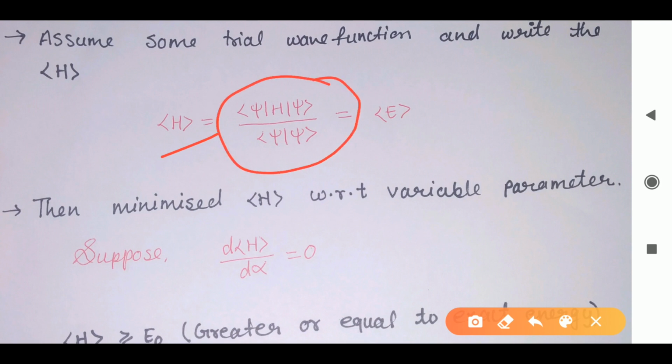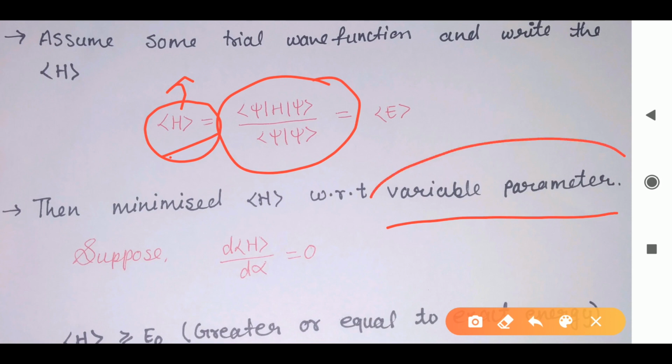Once we have the expectation value of the Hamiltonian with this formula, to get the minimized value, that is the minimum energy, we have to differentiate this expectation value of the Hamiltonian with respect to the variable parameter.